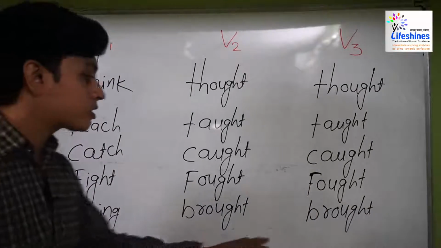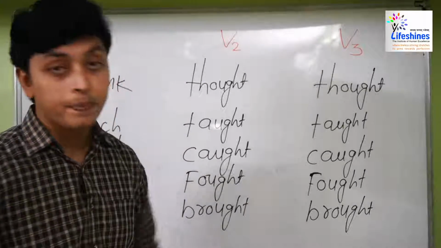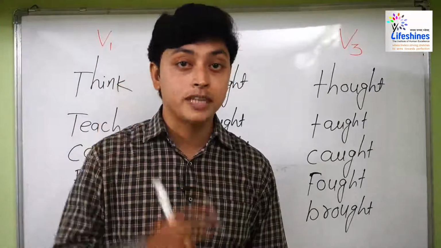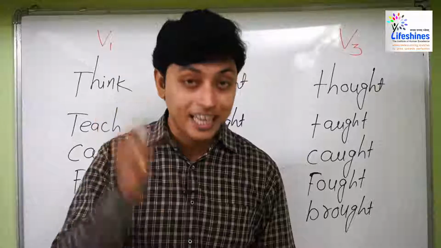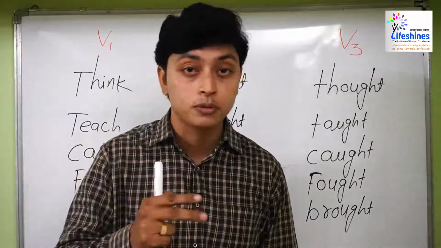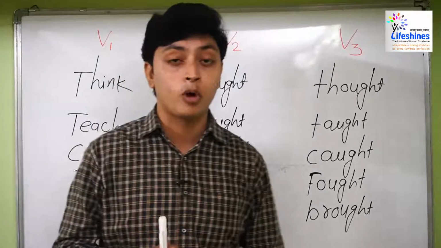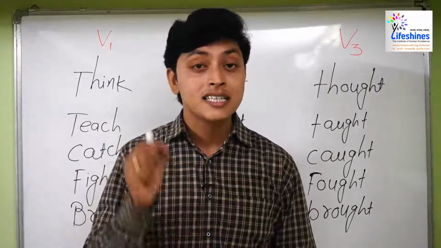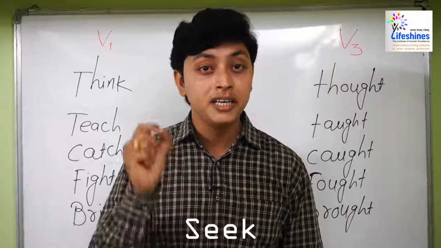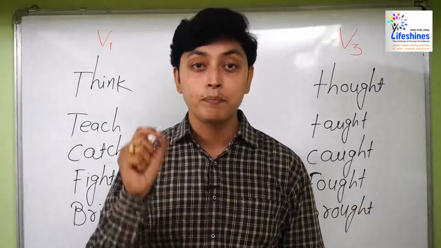Bring, brought, brought. There are two more verbs actually, and I want you to tell me the second and third form of those verbs. Please write your answers in the comment box. Those two verbs are seek, S-E-E-K, and buy, B-U-Y.